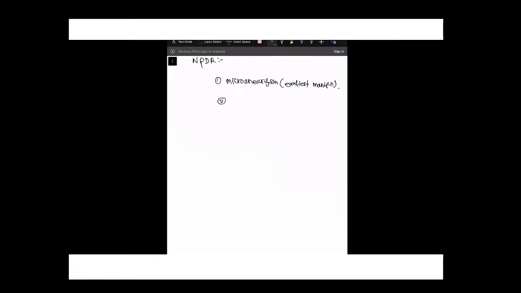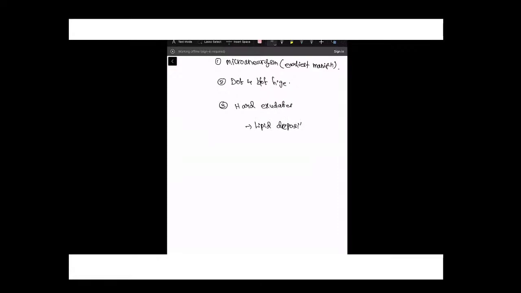There are going to be hemorrhages that look like dot and blot hemorrhages. There are going to be hard and soft exudates. These hard exudates are the lipid deposits on retina.